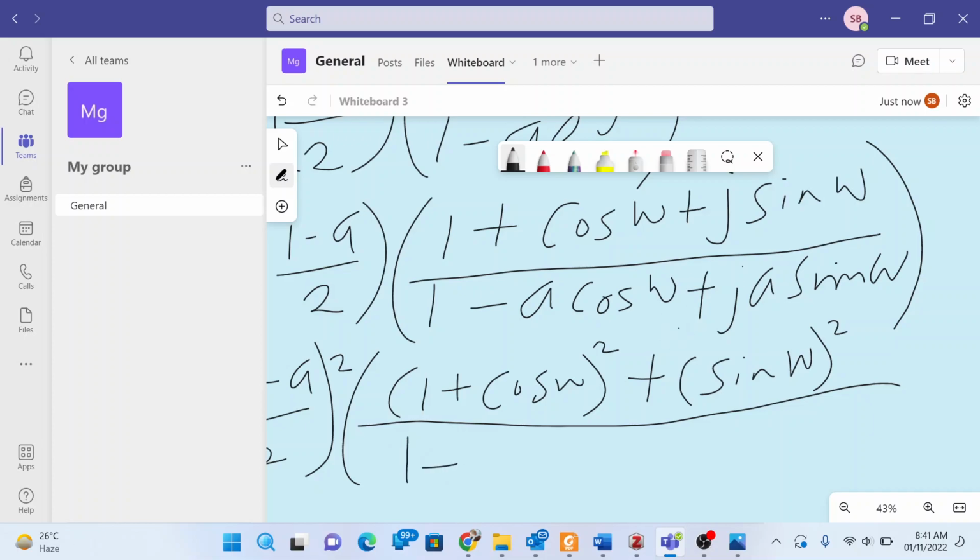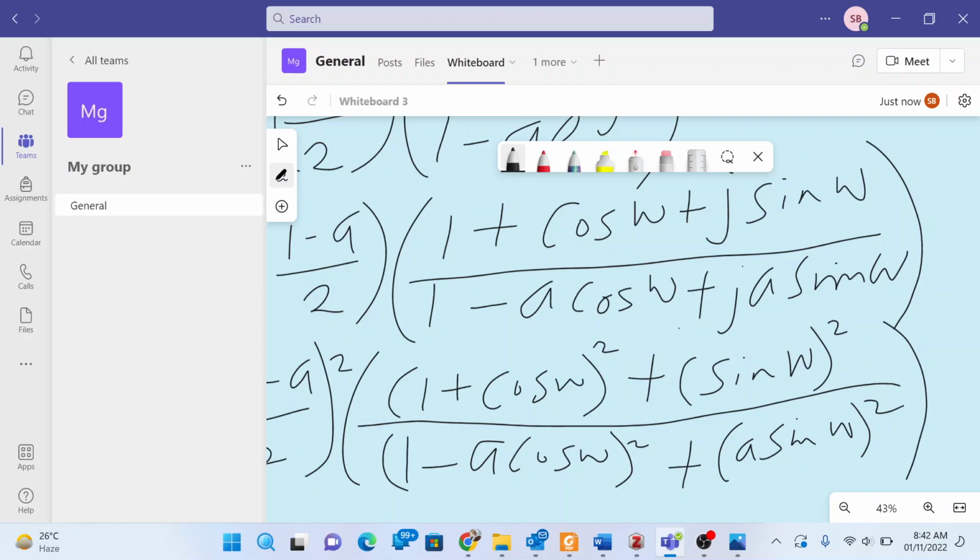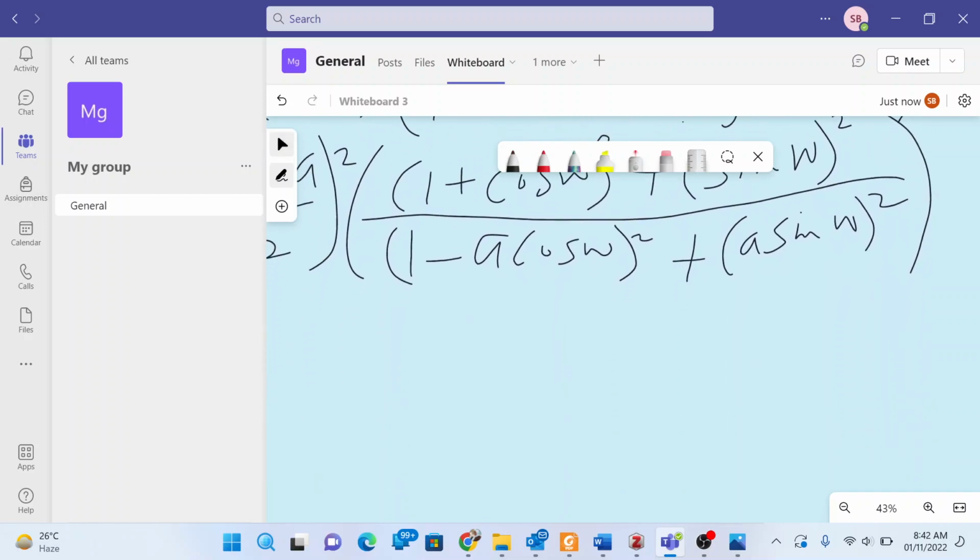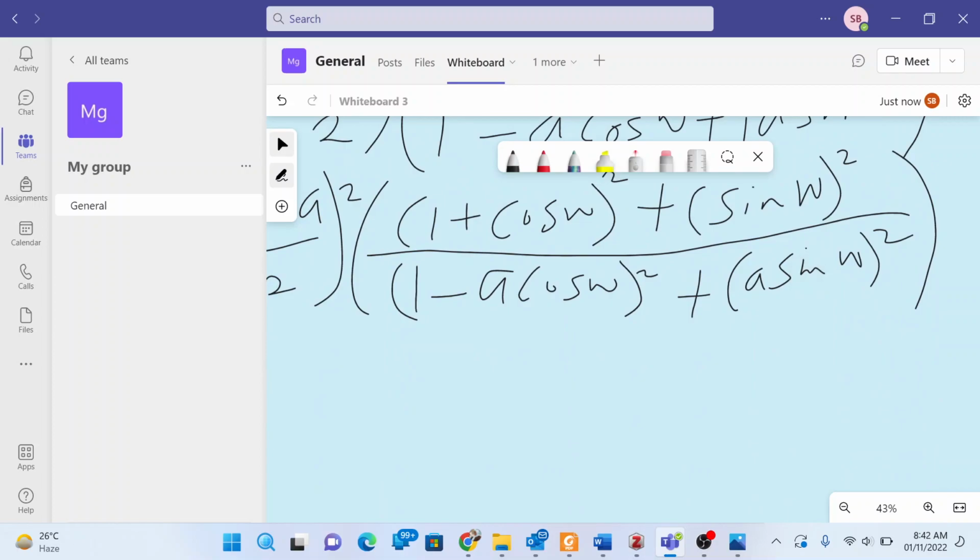So it's going to be 1 minus a cos omega, all squared, then plus also a sine omega squared. So we will now expand this particular expression.